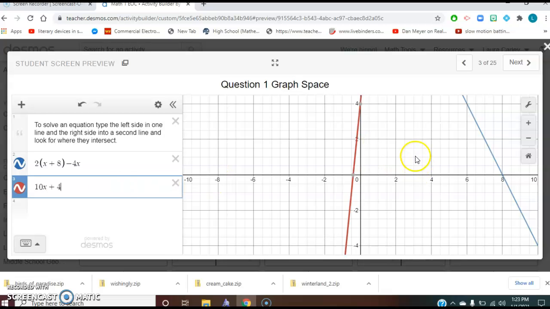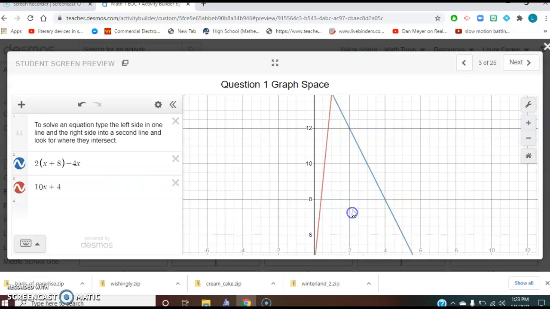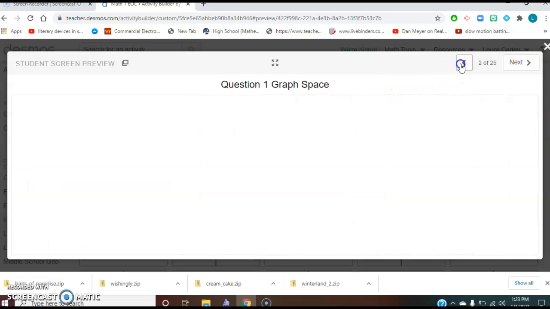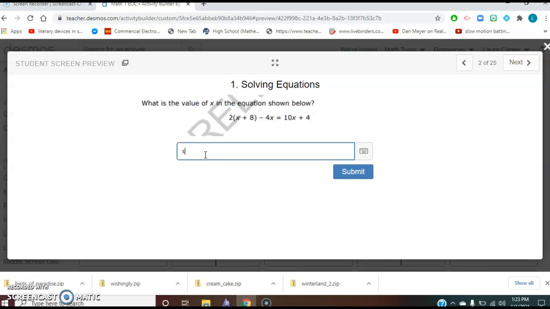All right, now to see where the answer is, you find where they intersect. All intersections have two numbers because it's an ordered pair, and since this equation was solving for x, we just need the first number of the ordered pair. That's the answer for what x is equal to. So x is equal to 1, and you can submit that.